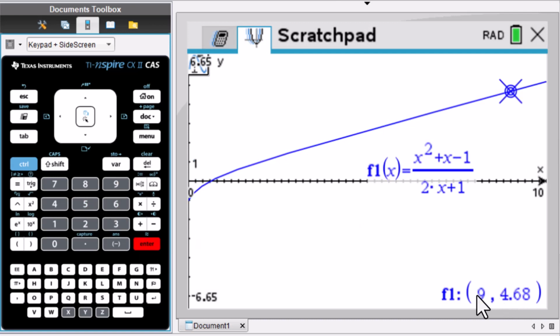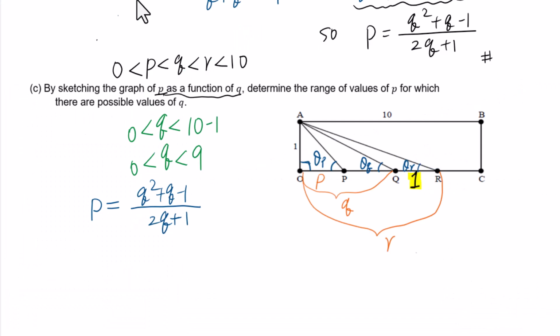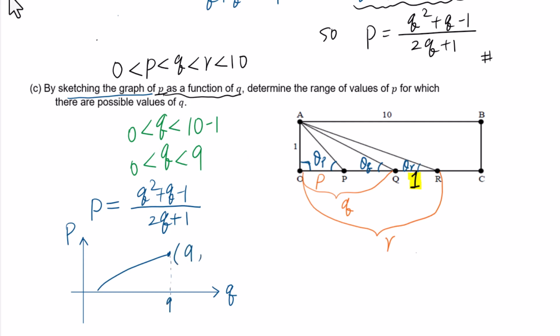When Q equals 9, P equals 4.68. Let's sketch this graph. Nine, 4.68. So the range of values of P is greater than 0, less than 4.68.